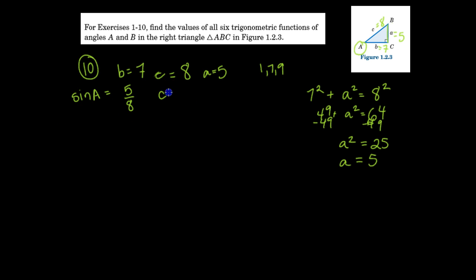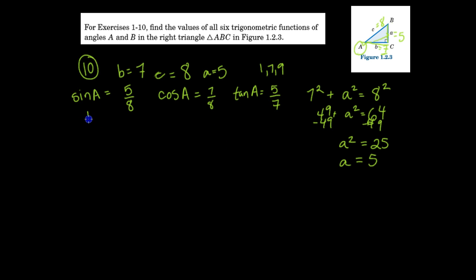Cosine of A, in regards to this angle, is adjacent, so this leg, from here to here, over hypotenuse. So that would be 7 over 8. And tangent of A is equal to the opposite from A, so 5 over 7.